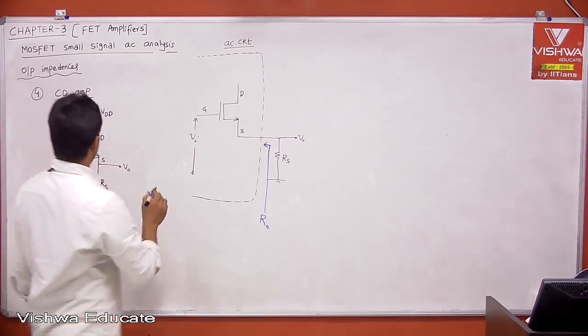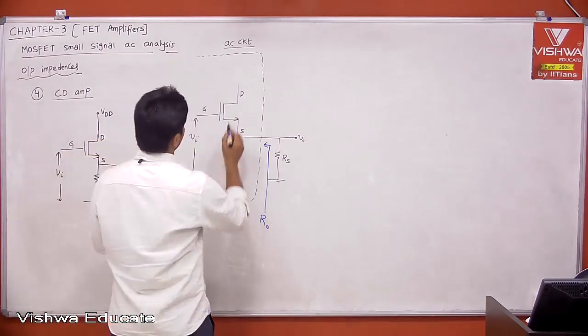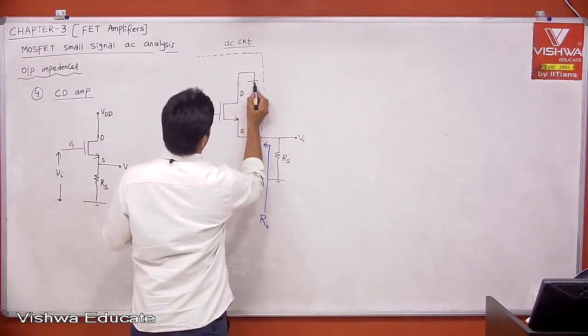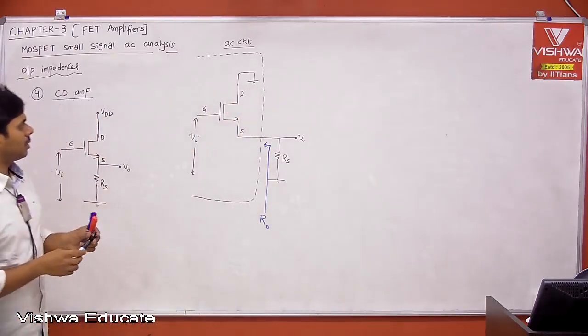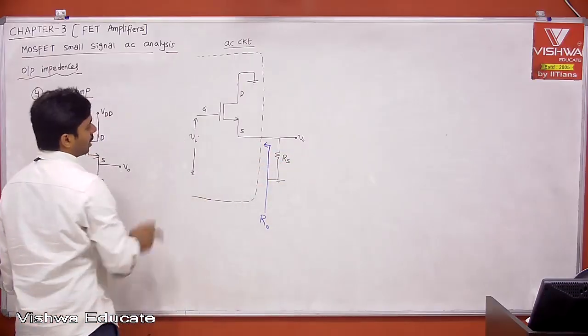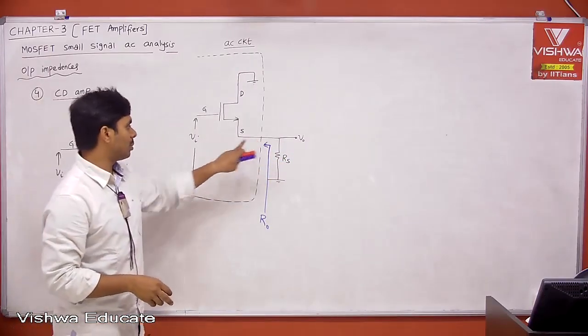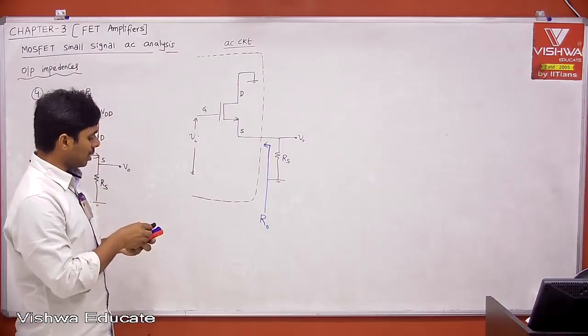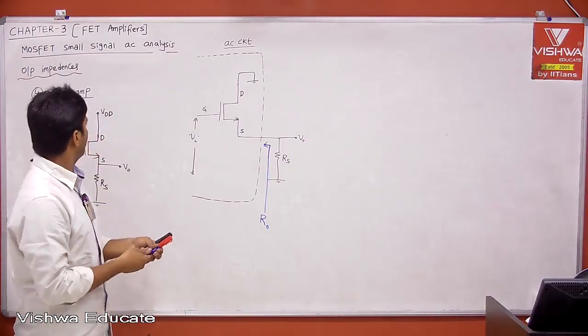Okay. Now for AC analysis, the drain is connected to AC ground. Now tell me, what is your output impedance definition? Exclude the load, then make Vi 0. The impedance seen into the output port when Vi is 0. That is the output impedance, right? We already calculated. We can use it.